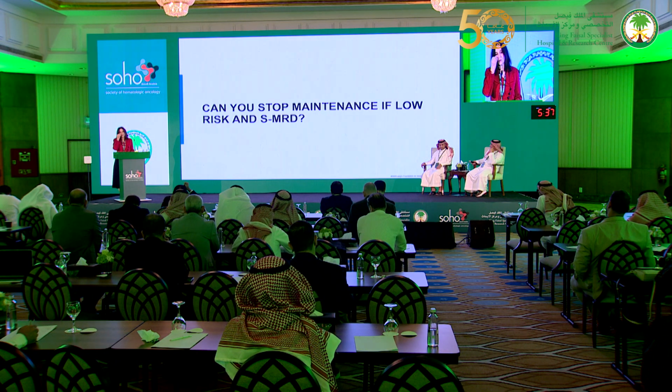So the next question is, can you stop maintenance if low risk and sustained MRD? And so this is a study that combines data from the MASTER trial and also some patients that were treated kind of like the MASTER trial but not on the trial.